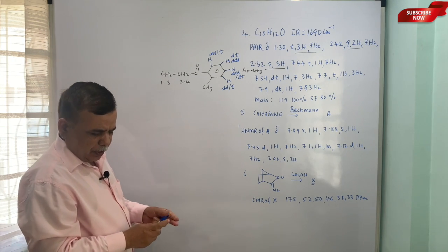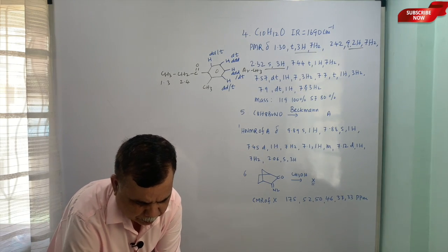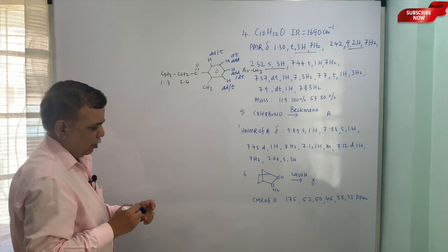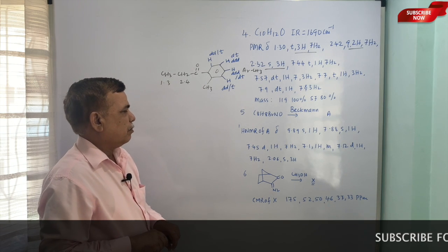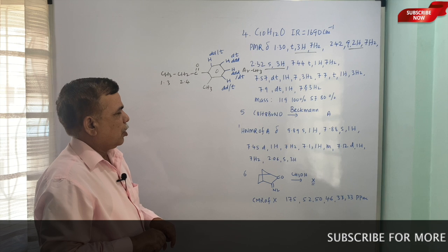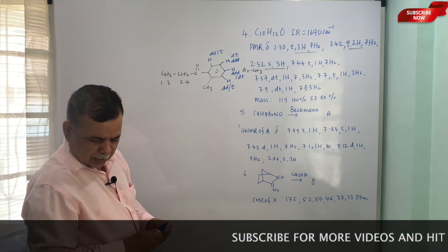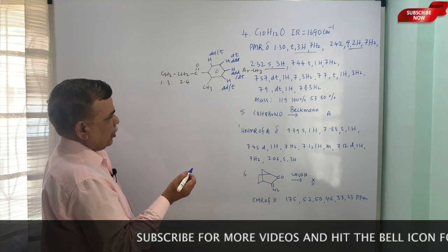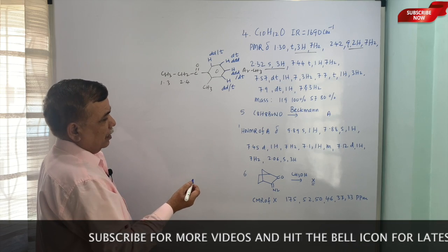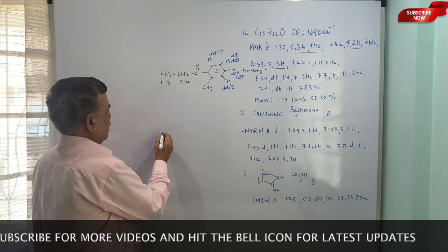The next example is based upon Beckmann rearrangement. Now, Beckmann rearrangement of acetophenone oxime, and then we are expecting a Beckmann rearranged product, and the NMR is given for that. This is the structure.